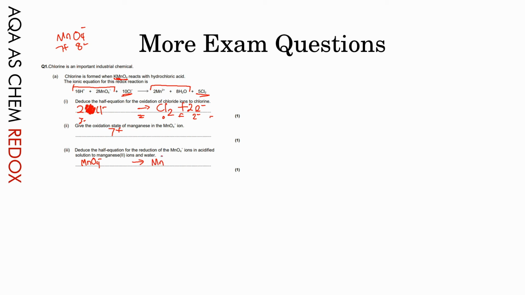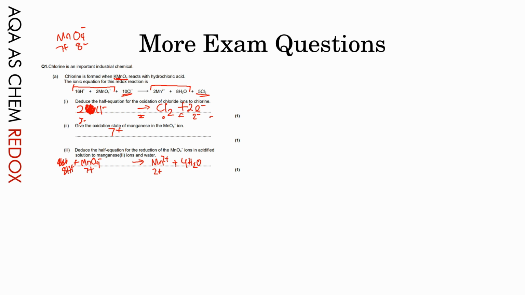To Mn2 plus, 4H2O plus, 8H plus, with MnO4 minus, and this is a reduction from 7 plus to 2 plus. Right, so what you need is you need everything to balance out.